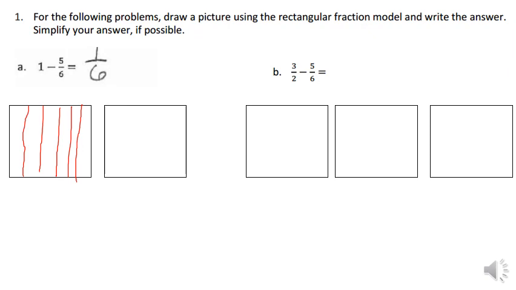And if I took away 1/6 or 5/6, I would only have 1/6 left.